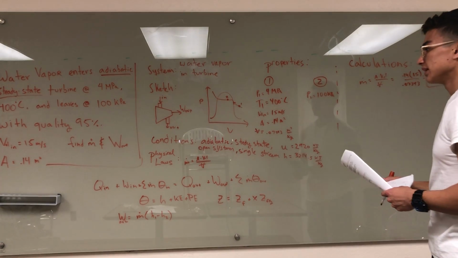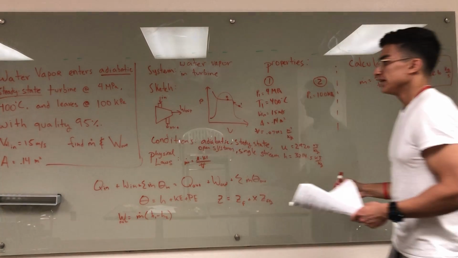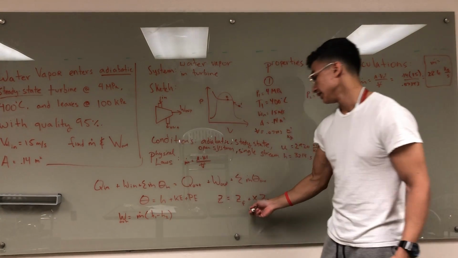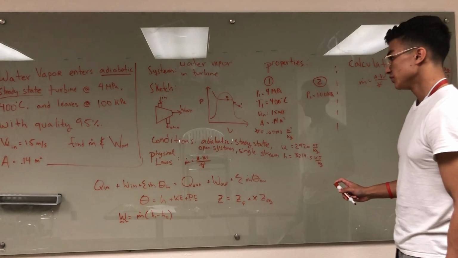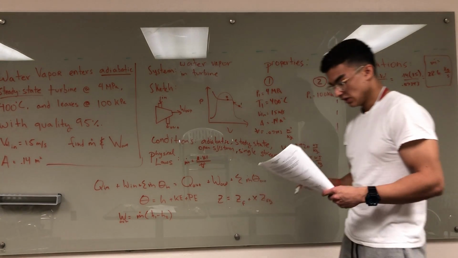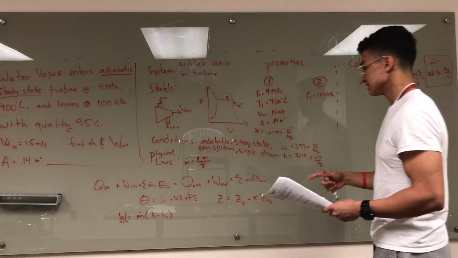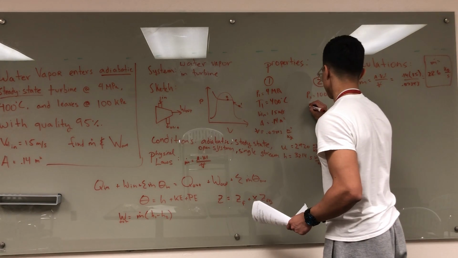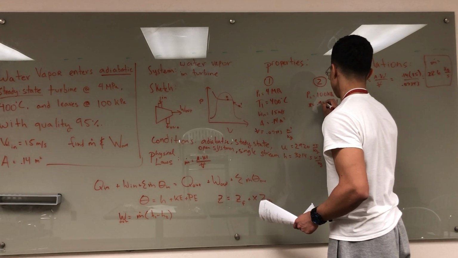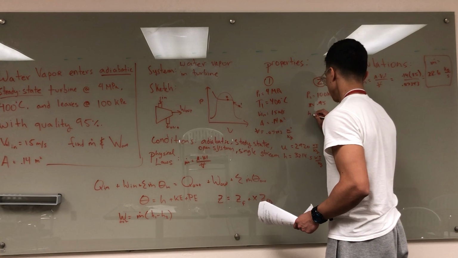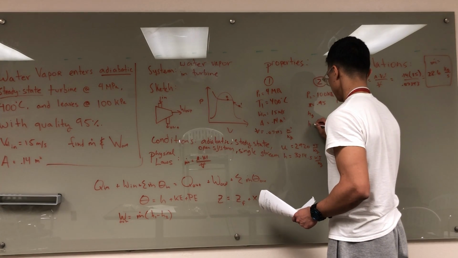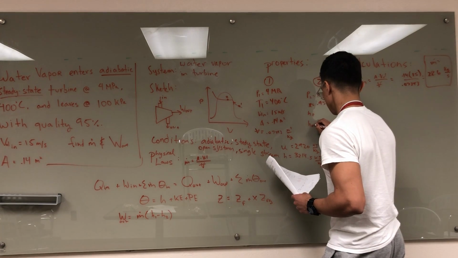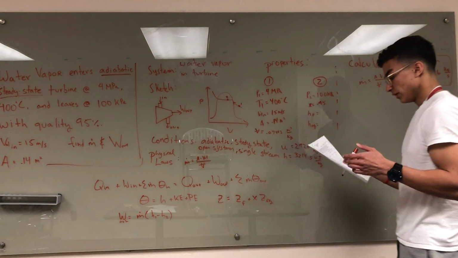We're going to have to find our work. And how do we do that? Well, make sure that you take note that they're using a quality. So you're going to have to be using the quality equation here. And to do that, we're going to replace these z's with h's because it's an intensive property. And so since we already have x, the quality, let's write x equals 0.95. And then we're going to have hf and hfg, and you're going to get these from table A5.